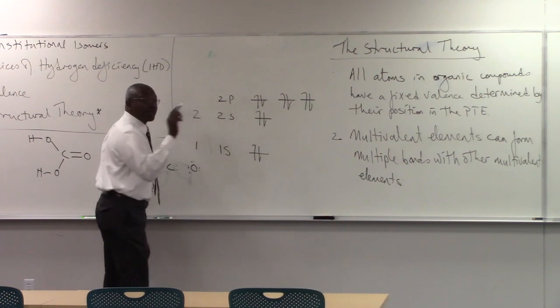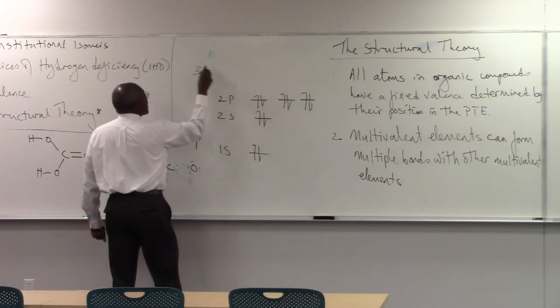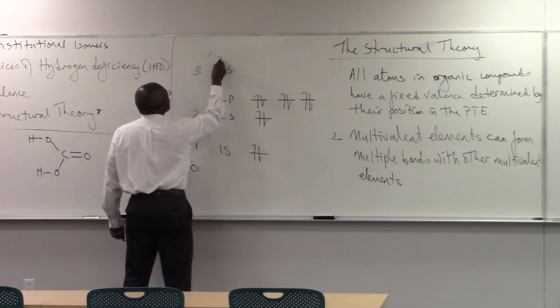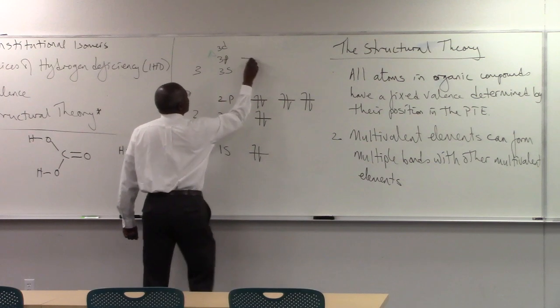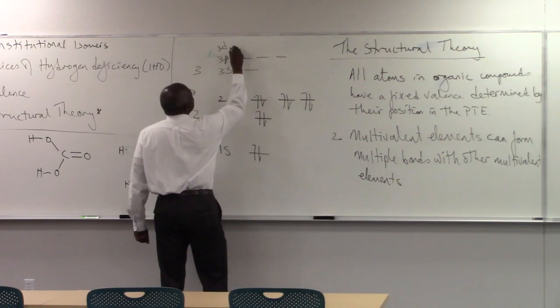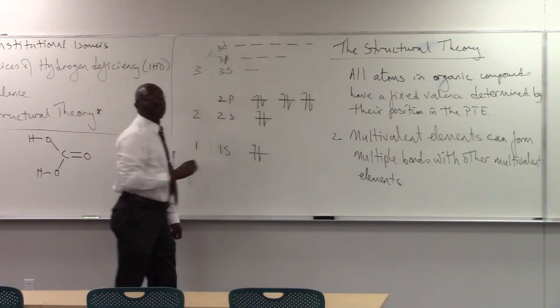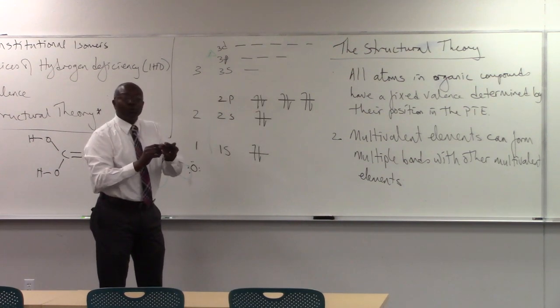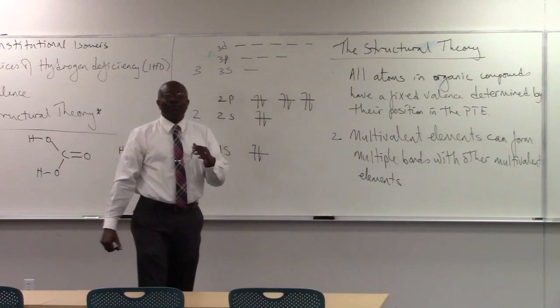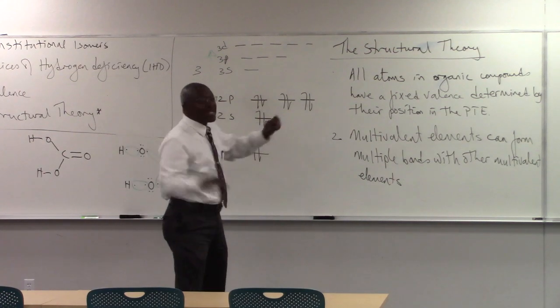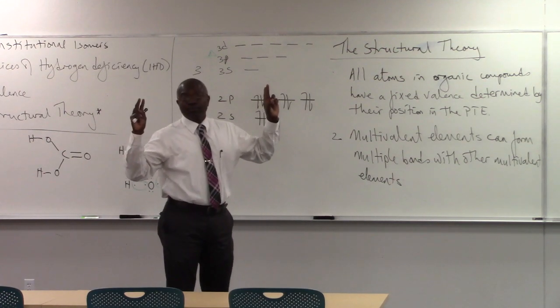Now, if I'm in the third period, technically I have 3s, 3p, and 3d. There's a single 3s, there are 3 3p's, and there are 5 3d's. So technically the rule that elements in the third period have to obey is the 18 rule.